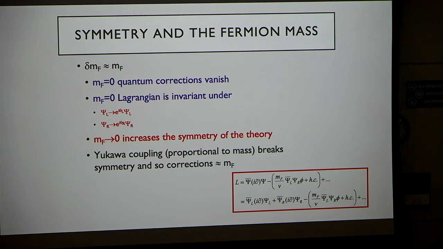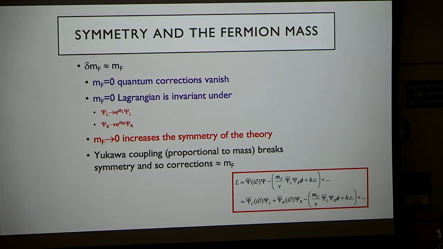In this case, the Lagrangian is actually invariant under phase transformations of the left-handed and the right-handed fields. So setting the mass of the fermion to 0 increases the symmetry of the theory. The Yukawa coupling, which is proportional to the mass, breaks this symmetry, and so the corrections are proportional to the mass of the fermion. So this is a nice picture. We understand the renormalization of the mass of the fermion.